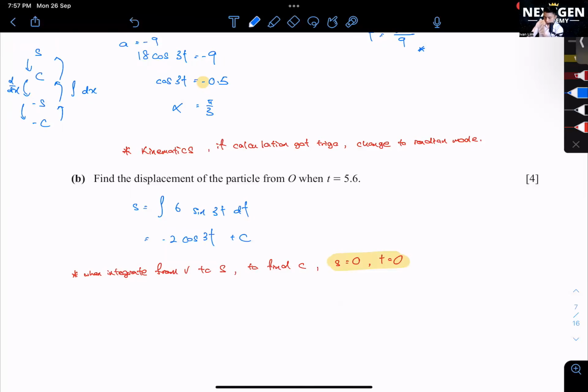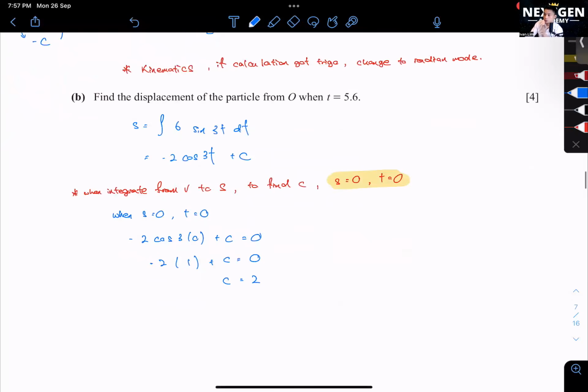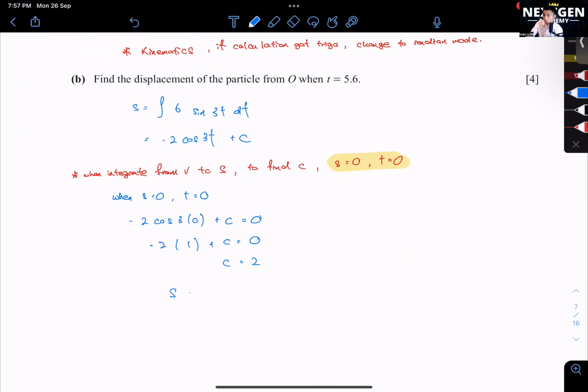Haven't moved yet. So when s equals 0, t equals 0, sub in: -2 cos 3t, t is 0, plus c equals 0. Then c, just type in the calculator: -2 times 1, therefore c equals 2. So your s equation will be s equals -2 cos 3t plus 2.